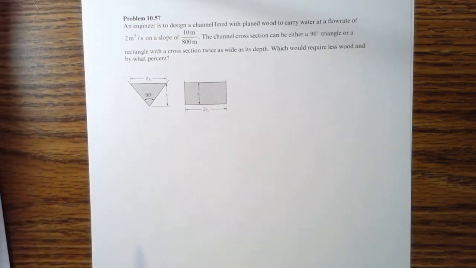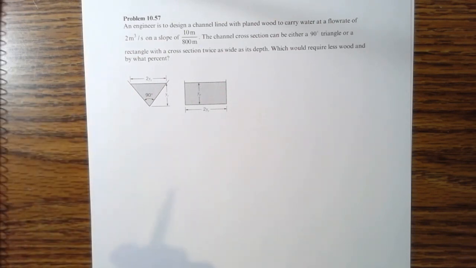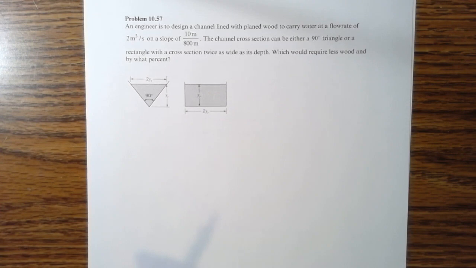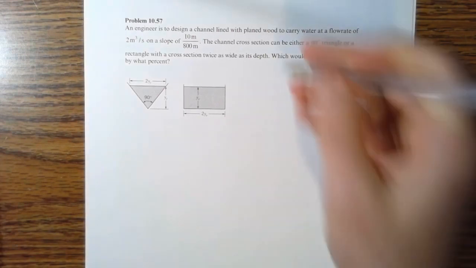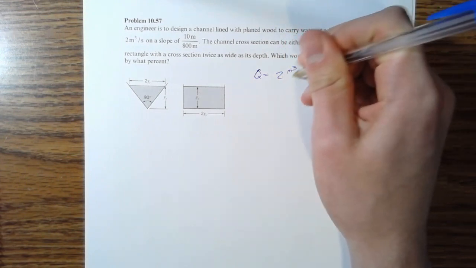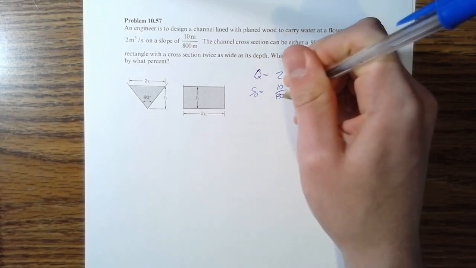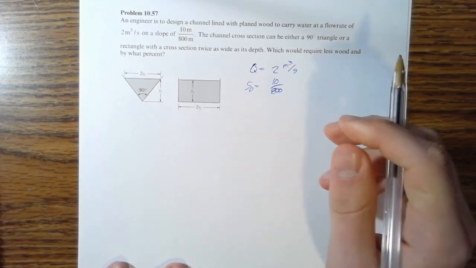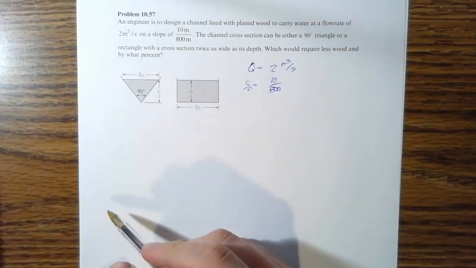This is a little bit of a different problem than our last one, but I felt it was representative of something you might see on an exam, or just something fairly practical: an analysis between two different systems. We have a flow rate of 2 meters cubed per second and a slope of 10 over 800 given, and we want to compare their areas and flow rates.